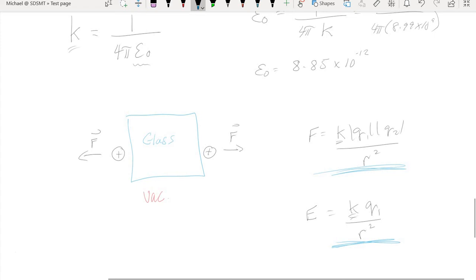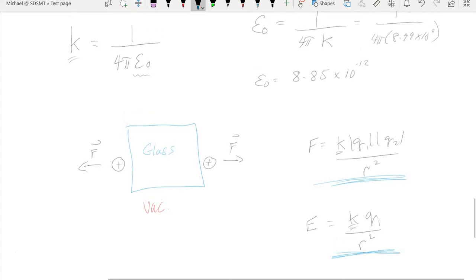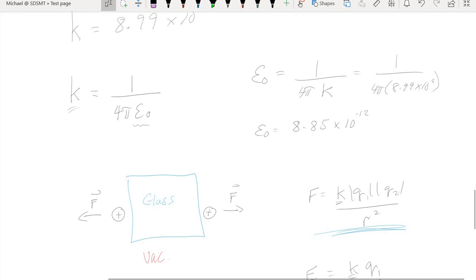And the answer is yes, it will. And so this permittivity constant, this epsilon naught that we're using here, plays a part in defining that constant k that we've been using in every expression up until now. If you go back and look at every single derivation that we've done, k has been in that expression.